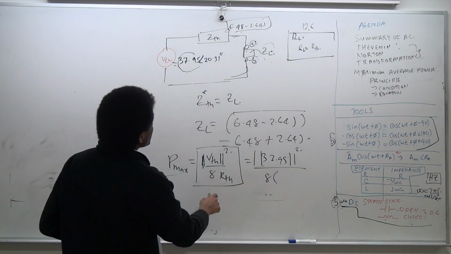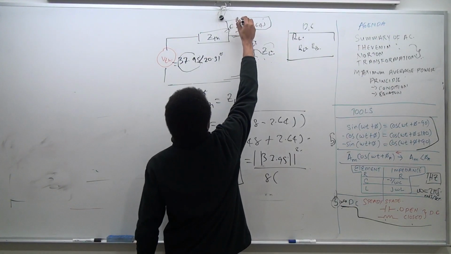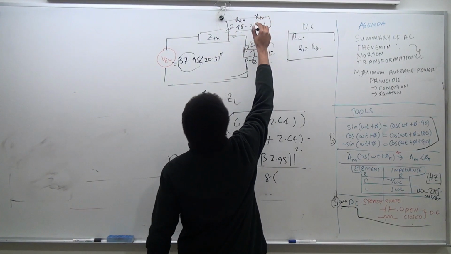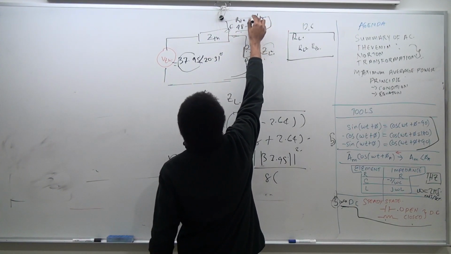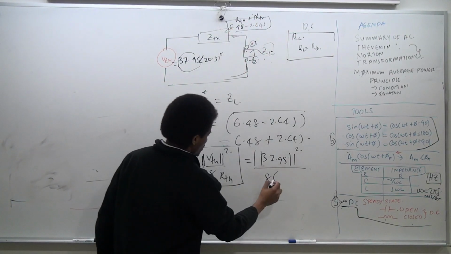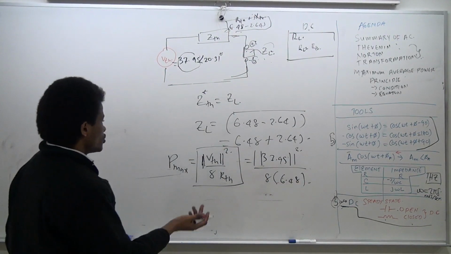The R Thevenin comes from this guy, because this is R Thevenin, and this is X Thevenin. X covers the negative, so this is actually J. So we're just taking 6.48 and plugging it here. What do you guys get when you do this?